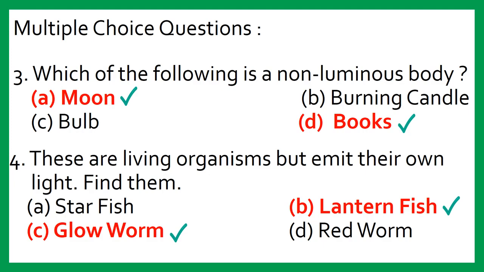They were sun, stars, lanternfish, and glowworm. However, the question is clearly stating these are living organisms. This makes our option B, lanternfish, and option C, glowworm, the correct answers.